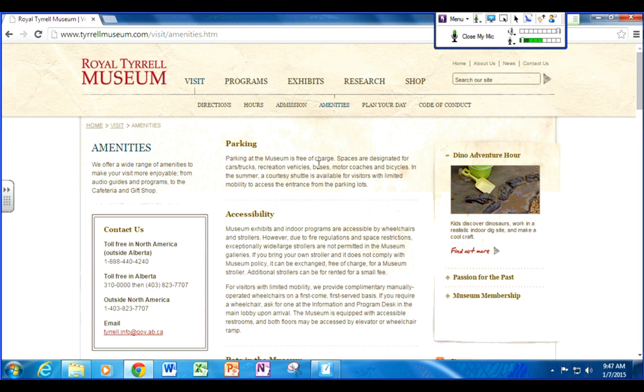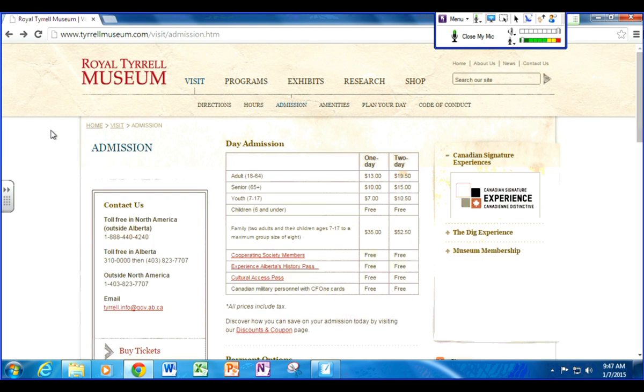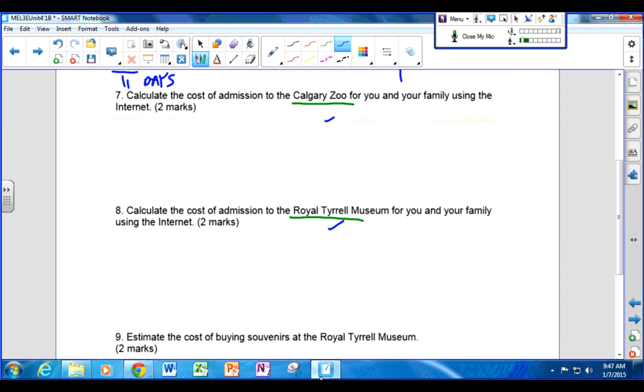So I think what we got worked out here is that for our family to go visit them, it's $35. It's actually not bad. If you go to Disney, it would be an awful lot more, or if you go to like Canada's Wonderland, it would be pretty expensive. So it looks like it's going to be $35 family.